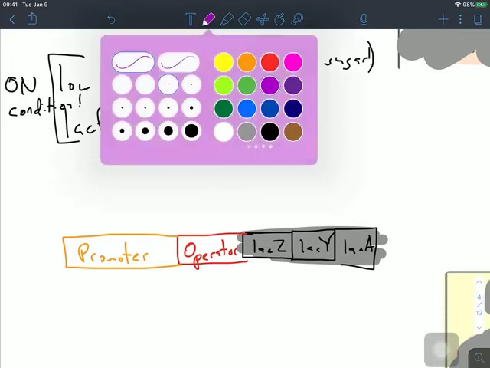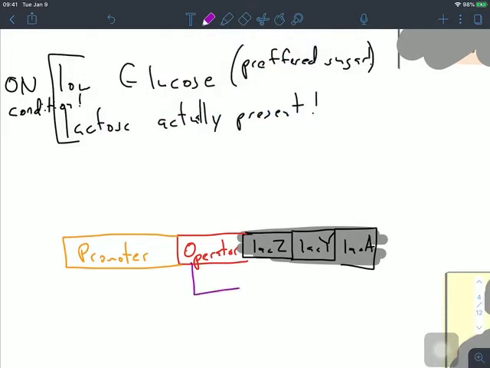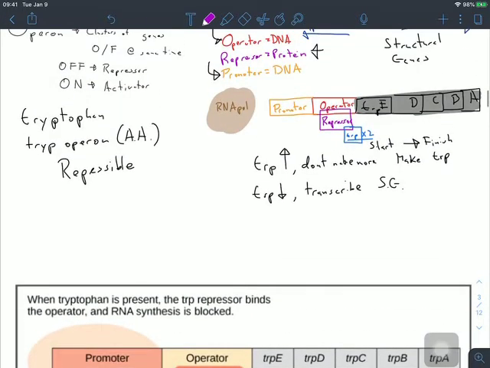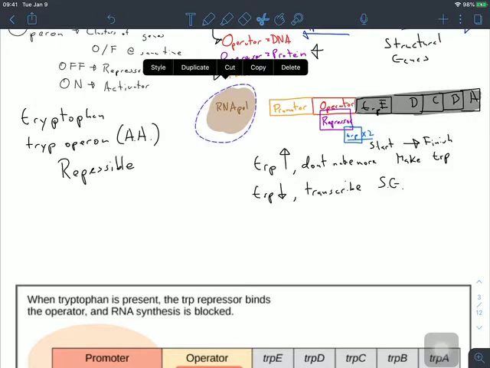We also have a repressor, which is again protein sequence. We again have our RNA polymerase molecule.